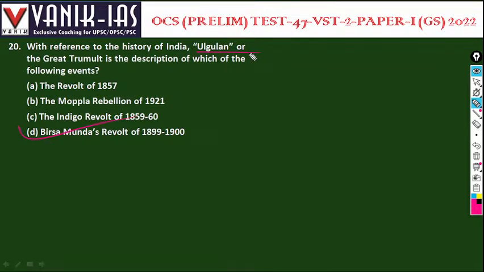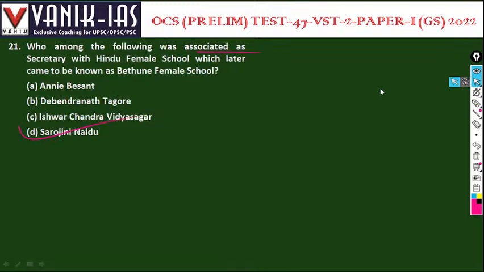Birsa Munda fought against the British. Sorry, he belongs to the Munda community. Birsa Munda is Munda, from the Chotnagpur region.